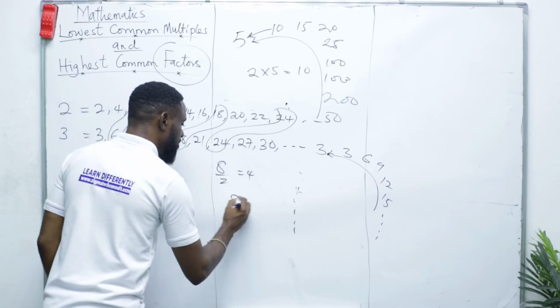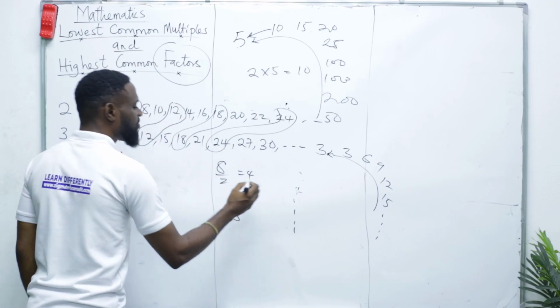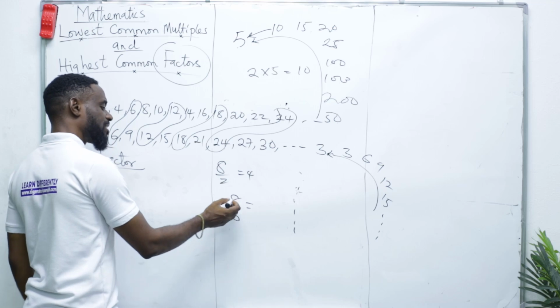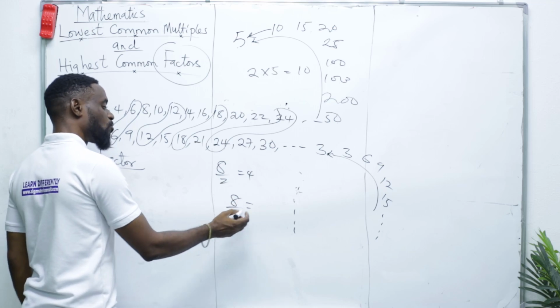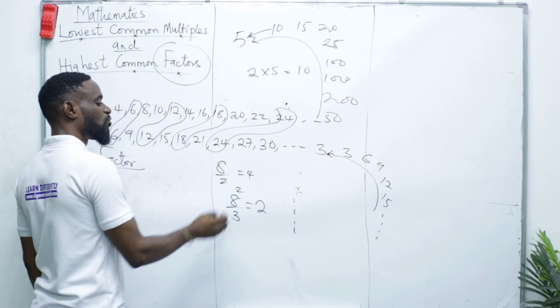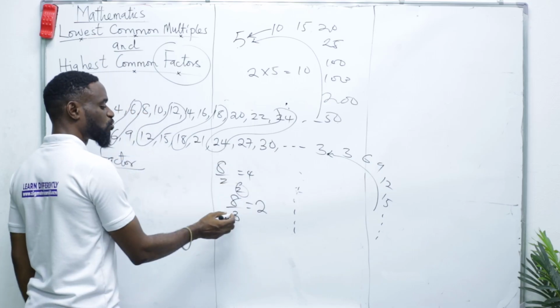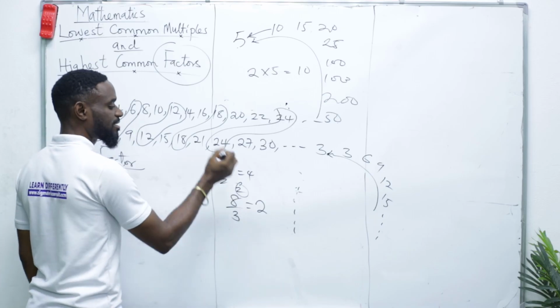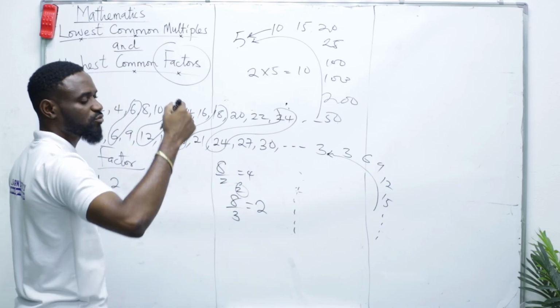Now, 8 divided by 3. Let's see if there will be a remainder. 8 divided by 3 will be 2, remainder 2, because 3 goes 2 times, that is 6, and there will be 2 left.